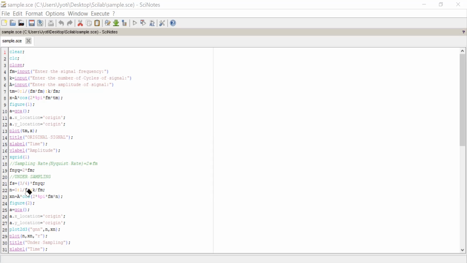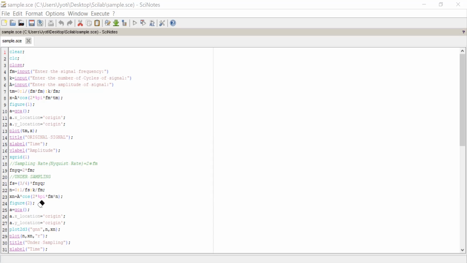Xn is equal to A cos(2 pi Fm n). If you are changing the sampling frequency, for the changed sampling frequency you need to plot the cosine waveform again. Okay, this is about undersampling.